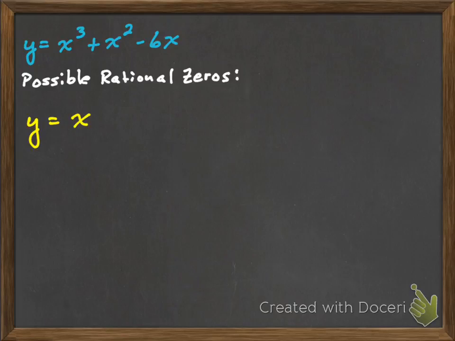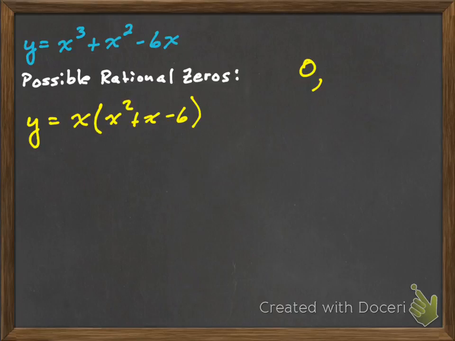x, which leaves us with x squared plus x minus 6. Now, because we factored out this x, that means that 0 is going to be one of our zeros. Now we use the polynomial that is in the parentheses to generate a list of possible rational zeros from here.